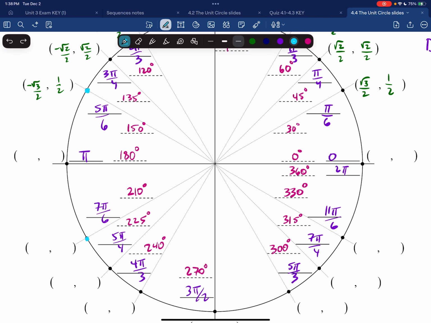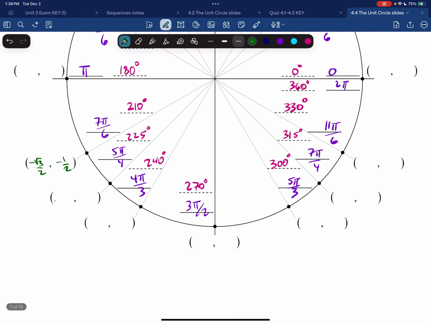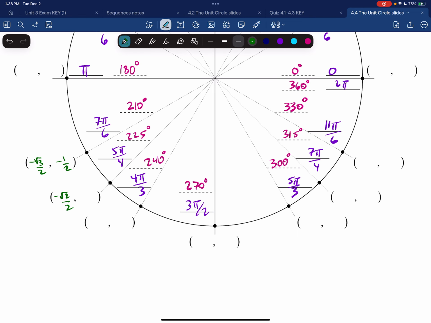Right? So let's fill those in. This now becomes negative root 3 over 2, negative 1/2. This is negative root 2 over 2, negative root 2 over 2. And the last one is negative 1/2, negative root 3 over 2.